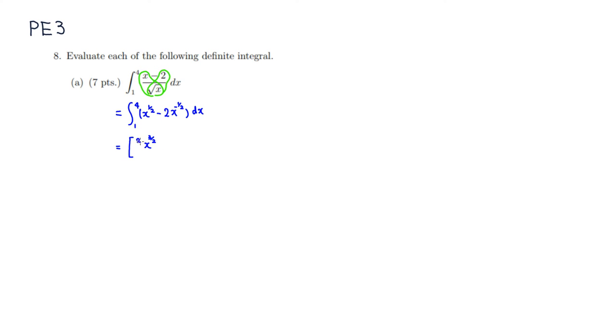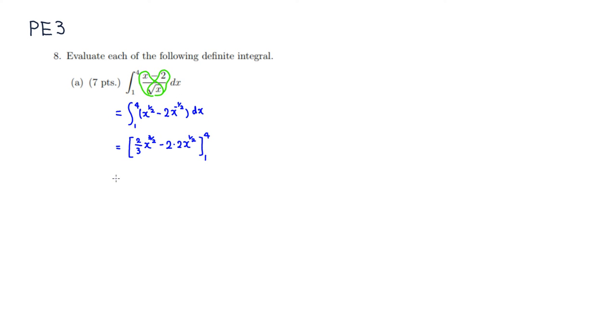And then there's a minus 2, which is just a constant multiple. I add 1 to negative 1/2 to get 1/2, so it's x to the 1/2 power. Then dividing by 1/2 is equivalent to multiplying by 2, so I put the 2 in front. Then you're going from 1 to 4.